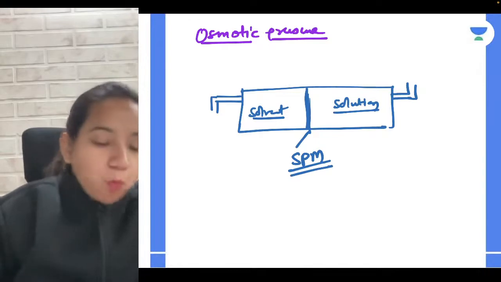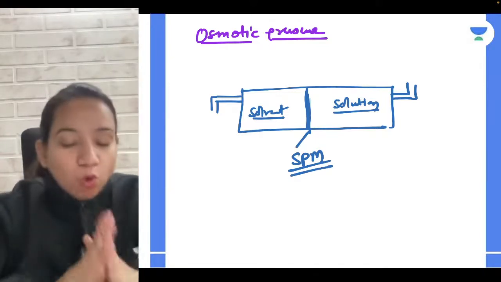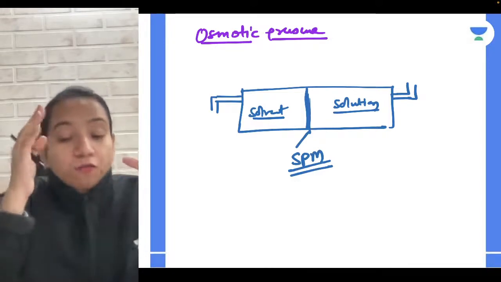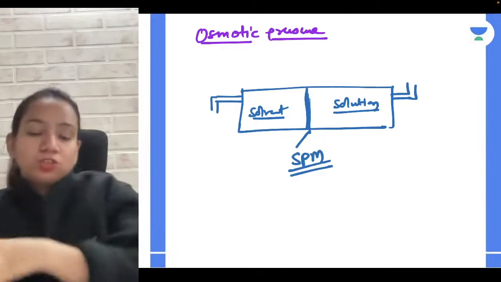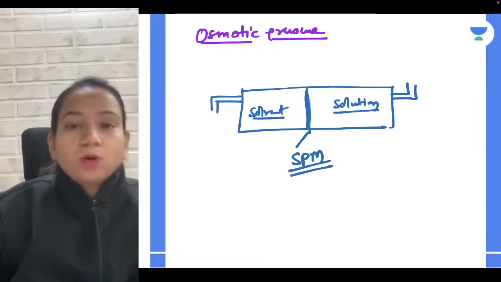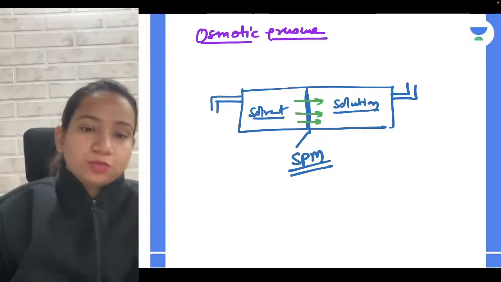Okay, so how you can relate with the osmosis? So osmosis, first of all, is the movement of solvent molecules across a semi-permeable membrane from a region of high concentration to the region of low concentration. So what is osmosis? We can write about it, right?